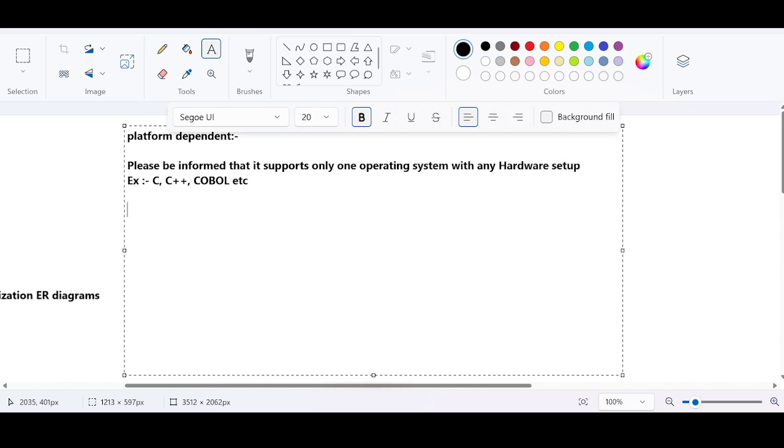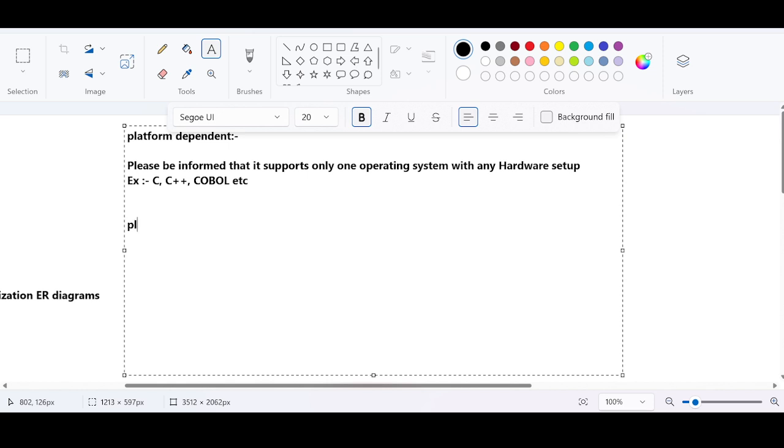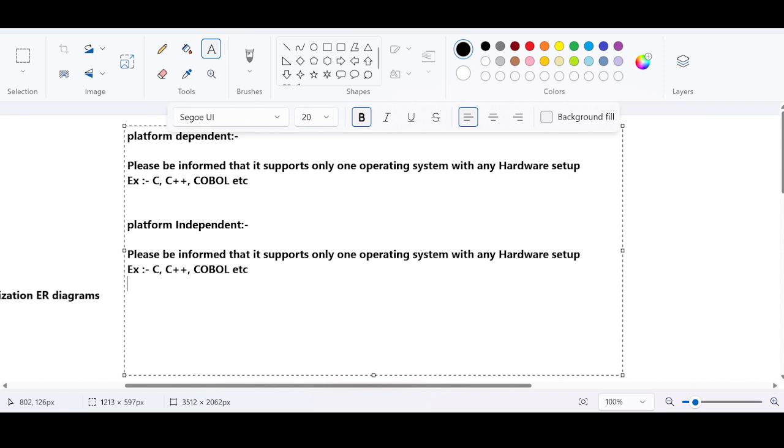Okay. What is platform independent? It supports any operating system with any hardware setup.